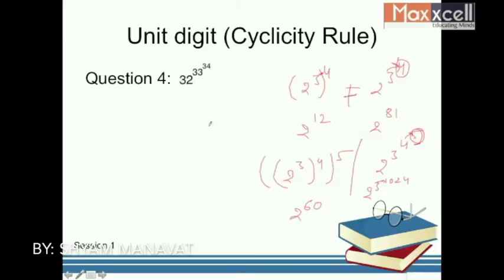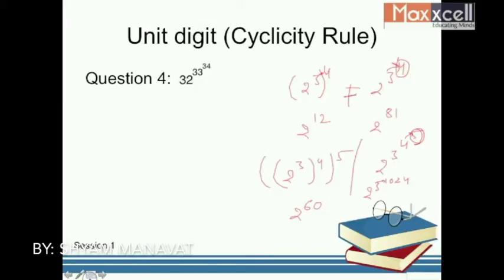Why is this concept important to solve this question? We need to understand that we should not multiply 33 with 34. We need to simplify the topmost power, which is 34, the power of 33. Then we'll get one simplified power that we need to solve.